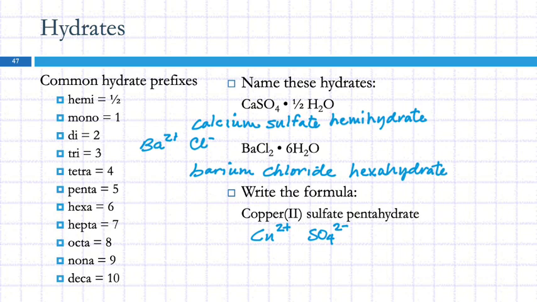Well, how do we write the formula for copper sulfate then? We've got +2 and -2, right? We don't need to mess around. It's just going to be CuSO4. And then the prefix penta means 5, so we're going to put a dot there. 5, and for hydrate, we're going to write H2O.